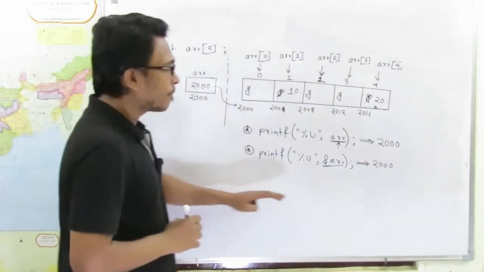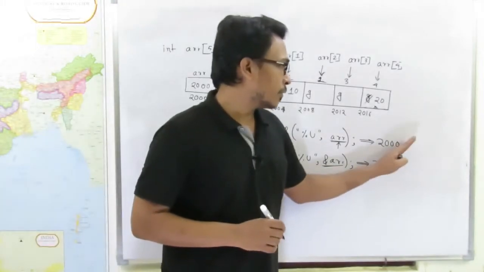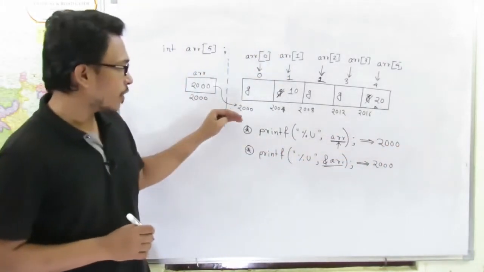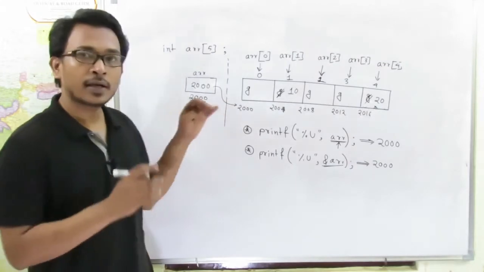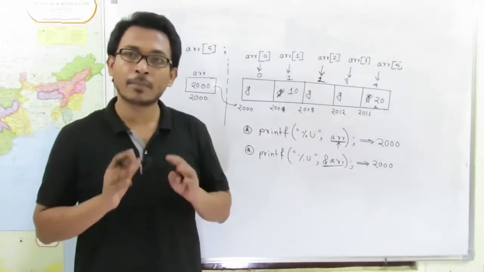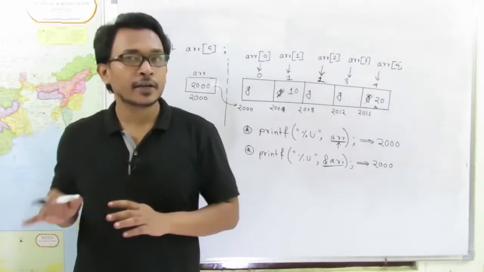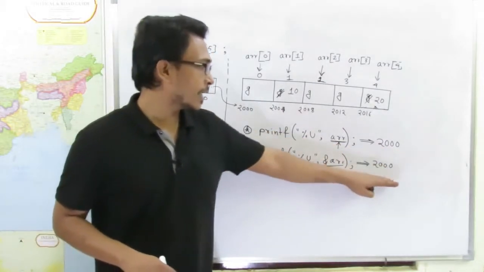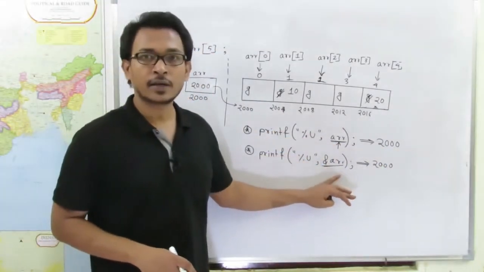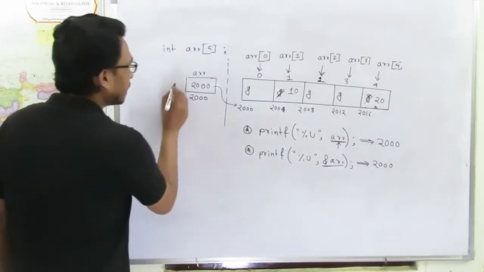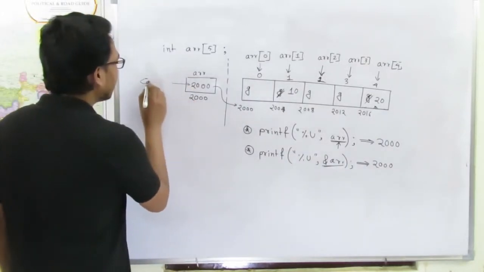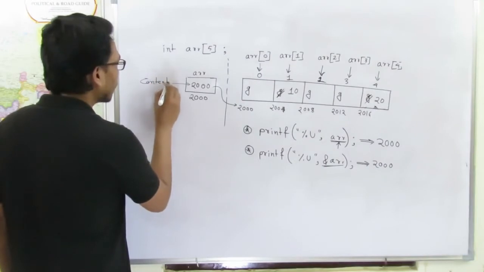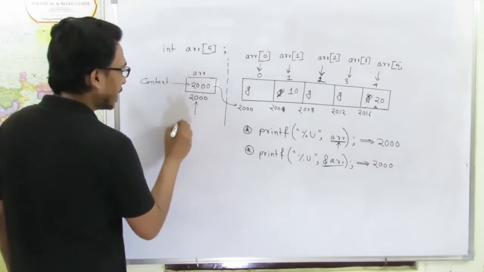Now look, both values we get as output of these two instructions are exactly the same, but logically they are different. The first one is the content of ARR, the second one is the address of ARR. What does it mean? This is the content and this is the address.